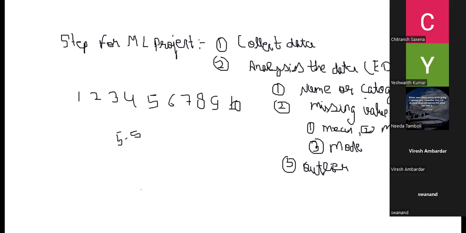Okay, suppose inside my data another variable is present here, 100, and this is the outlier. And how can we find the outliers? With the help of IQR, the interquartile range. Okay, I will tell you in the next class.